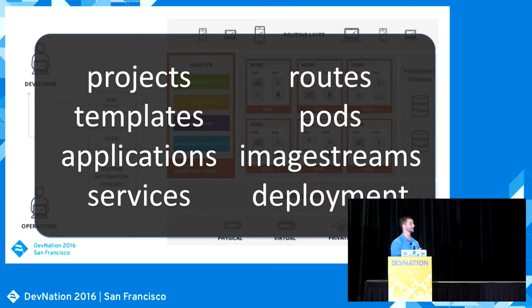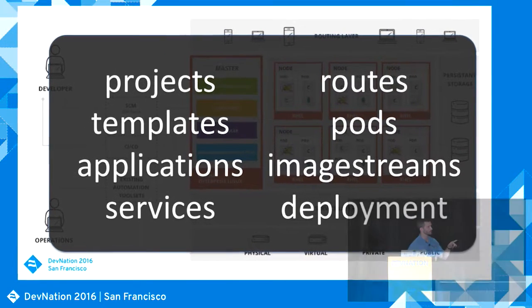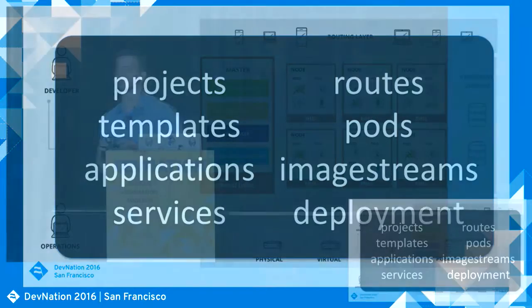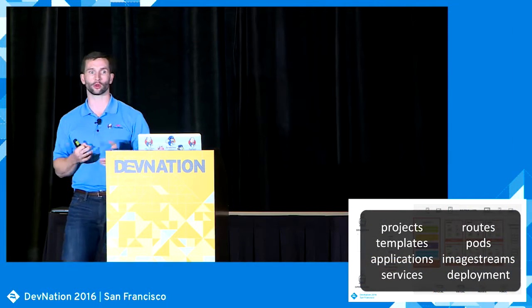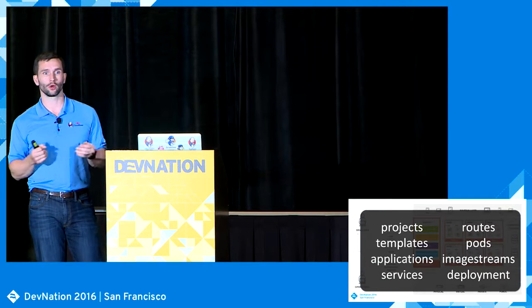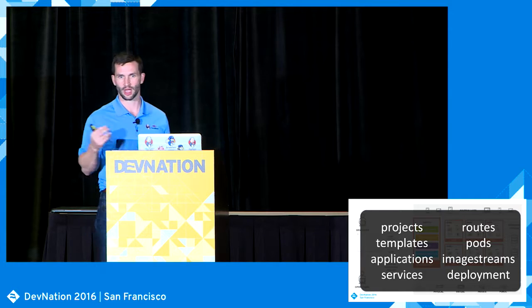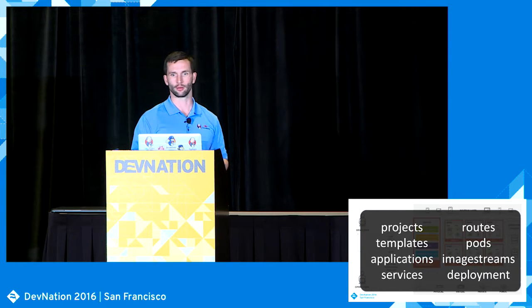A template is kind of a cool thing. Most of the things you see on the screen are the PaaS layer on top of Kubernetes, with the exception of pods, maybe, and services. But anyway, a template is Red Hat's way via OpenShift to more easily allow you to create an app and run it. It's almost like a quick start, an easy way to say, hey, I'm just going to build a little microservice.